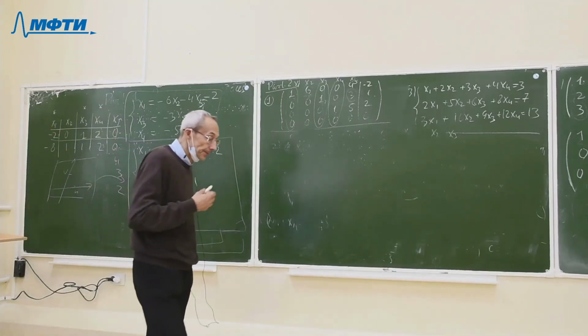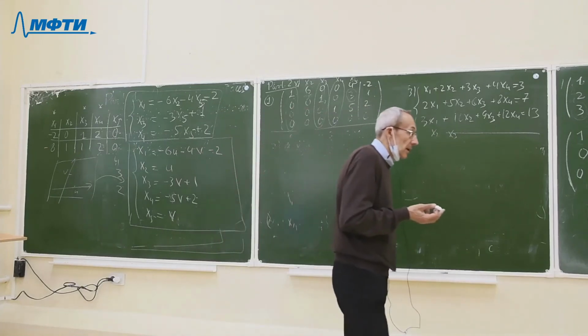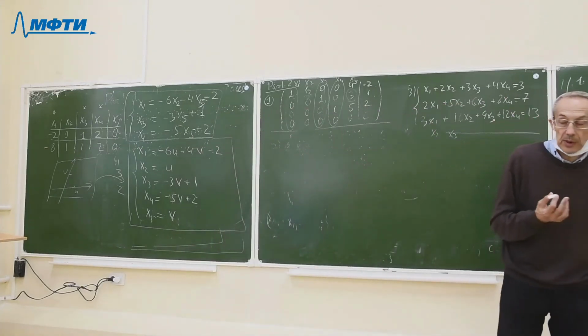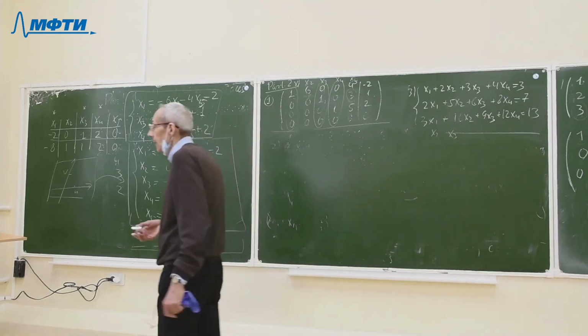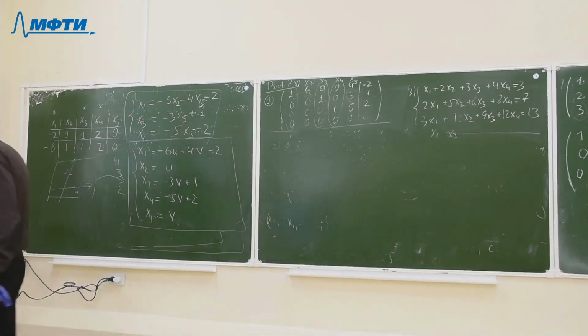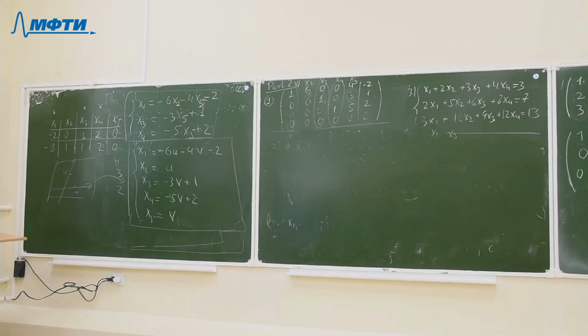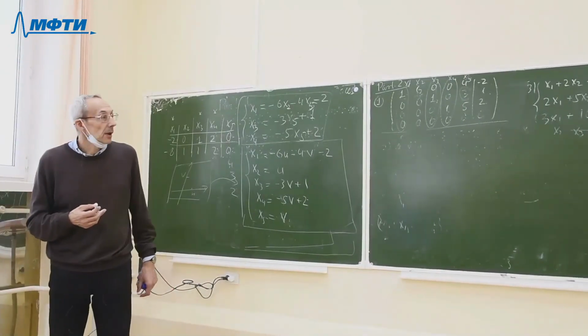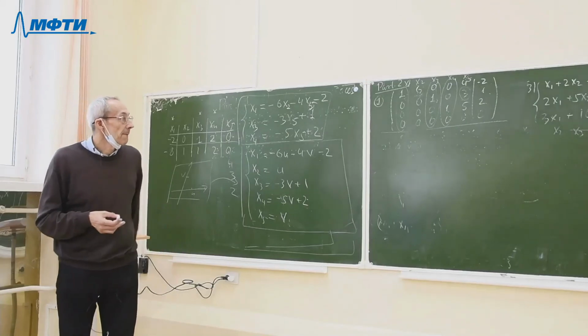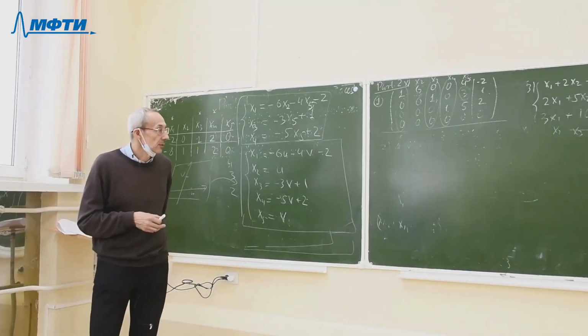We can find a basis in the space of solutions, and this basis uniquely defines all solutions of the linear homogeneous system. It's a pity I have no time to continue, but in the next lecture we will look for a basis.